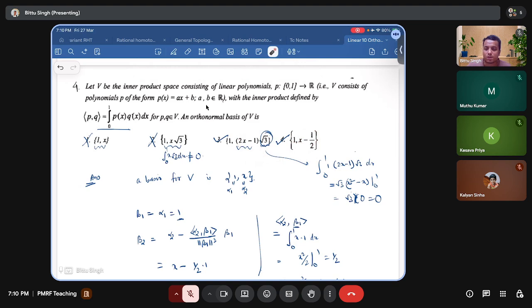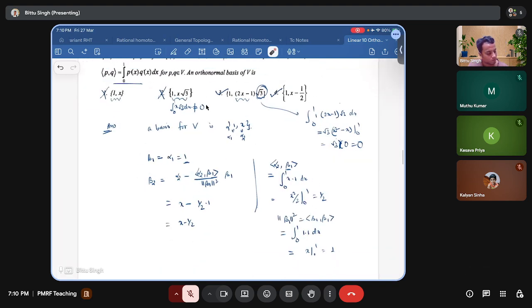So 3 is also an answer. Though this new basis is not coming from Gram-Schmidt orthogonalization, it is an orthogonal basis. We don't need to find an orthogonal basis coming from Gram-Schmidt. We only need to find an orthogonal basis. So yes, 2, 3 and 4 are the correct answers.